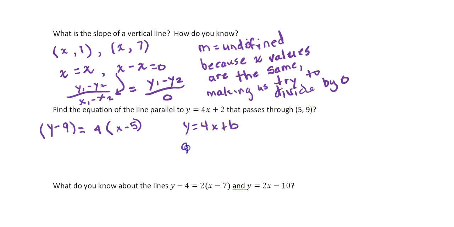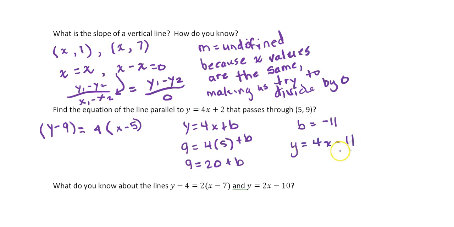So I have 9 equals 4 times 5 plus b. 9 equals 20 plus b. And when I subtract the 20 to the other side, I wind up with b equal to negative 11. So my equation of the line on this would be y equals 4x minus 11, or you could say plus a negative 11.